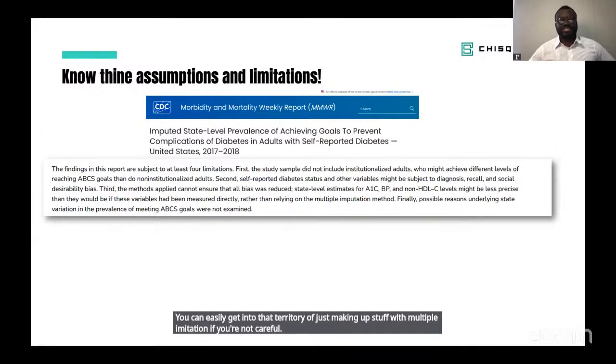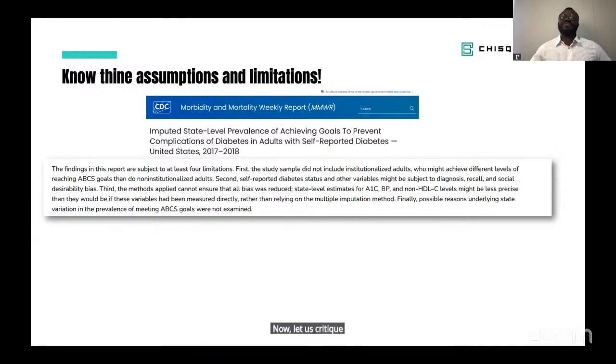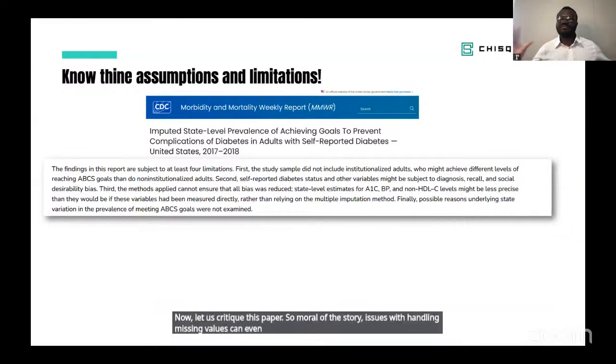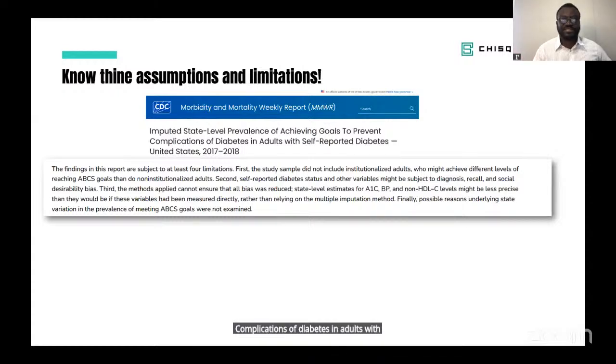Now, let us critique this paper. So moral of the story, issues with handling missing values can even arise from top institutions, even at CDC. This is a paper where they imputed state-level prevalence of achieving goals to prevent complications of diabetes in adults with self-reported diabetes.